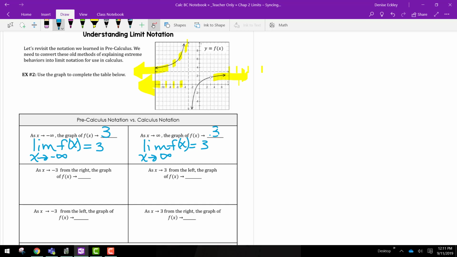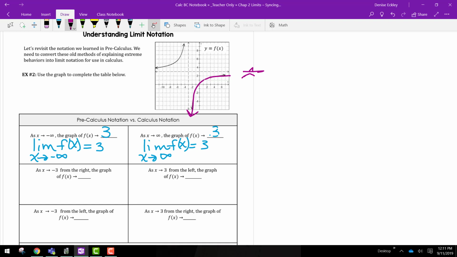So now we want to talk about our vertical asymptotes. Let me erase all this off the graph so I don't crowd it. As x approaches -3 from the right, what that's saying is we're going to go along the curve from the right-hand side. You can start way out here somewhere, and you trace the curve towards -3, and you look at what is happening as you get to -3.